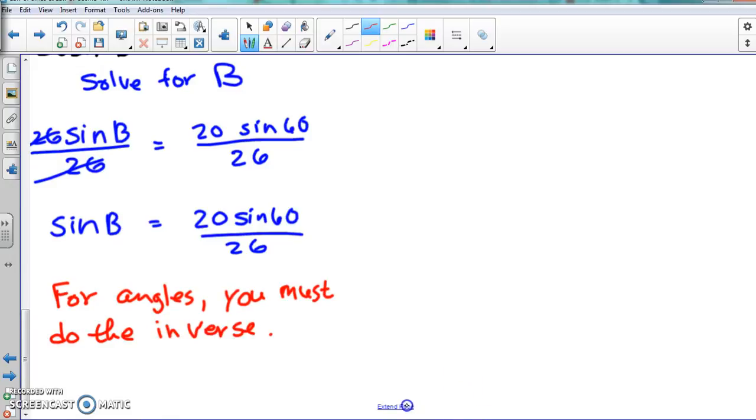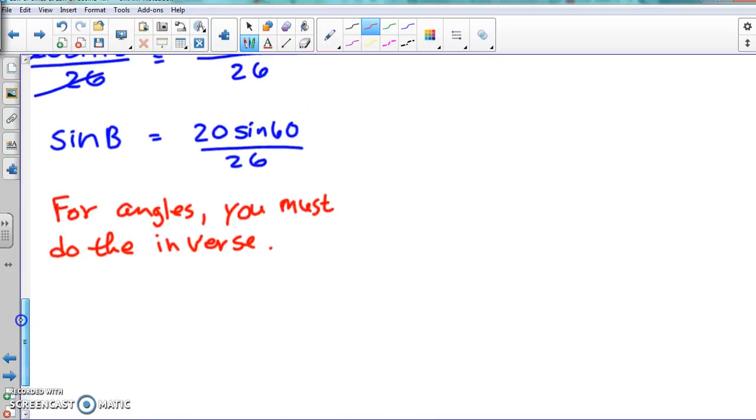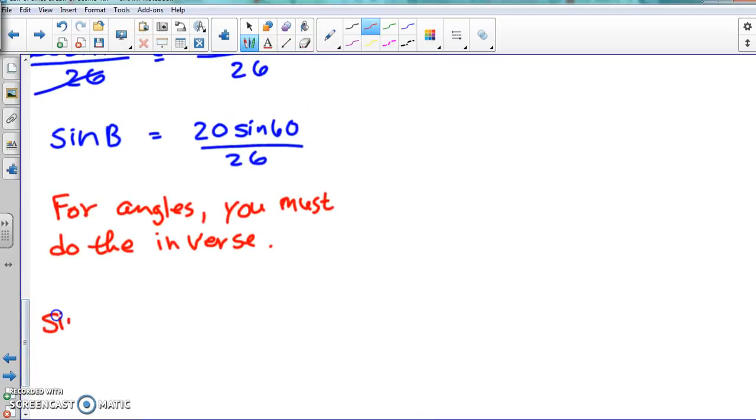So that means we have to do sine inverse here, on sine B, and then sine inverse on the other side. Whatever you do to one side of the equation, you have to do to the other. Then we put all that into the calculator, just like we did with the warm-up the other day.